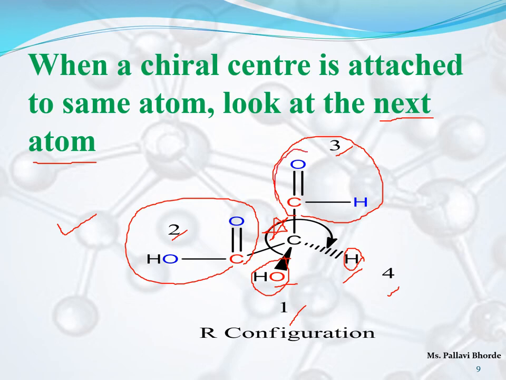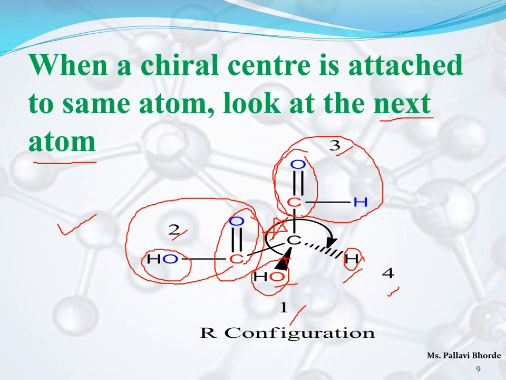So we can see we have C double bond O groups common. This is called a carbonyl group. So in aldehyde and carboxylic acid, we have the carbonyl group common. So what will we consider now? Look here, we'll consider the next atom which is attached to the carbonyl group.